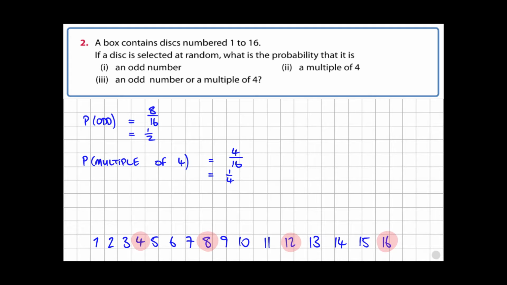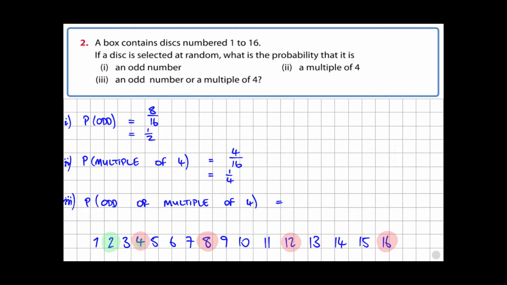Okay. So part 3. So part 3 is the probability of an odd number or a multiple of 4. Okay, so the odd numbers again, I'll just highlight them so you can see.